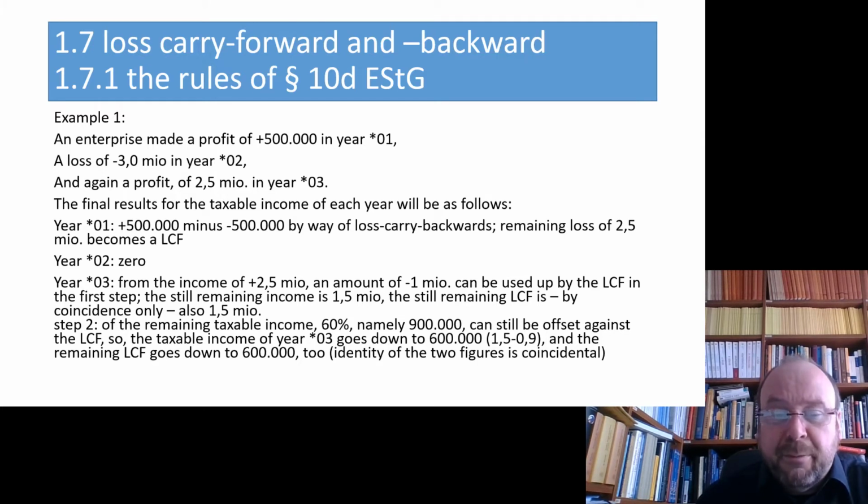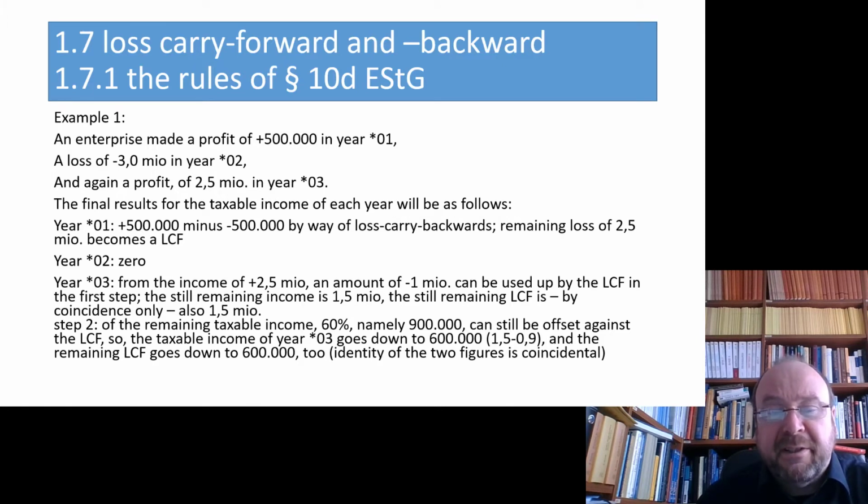In step two, you can now have a look at the remaining income, 1.5 million, and calculate 60% of that amount. That would be 900,000 in our case, and up to that limit you can still offset the loss carry forward in that year. So you have 1.5 million, so up to the limit of 900,000 can be deducted.